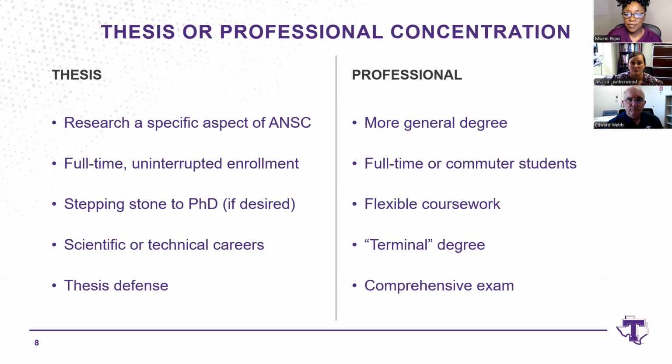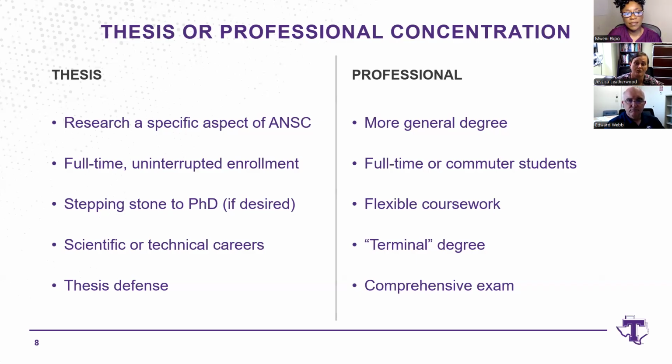In animal science, we have two different tracks or concentrations. We have a thesis or a professional concentration. A thesis is what we really consider as a specific aspect of animal science. Think of it as for students that are full-time and have uninterrupted enrollment, really dedicating not only the coursework, but also research as a big part of that as well.